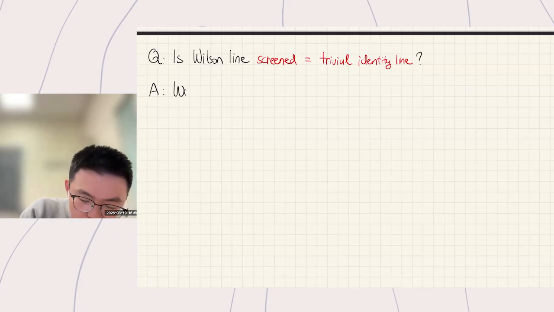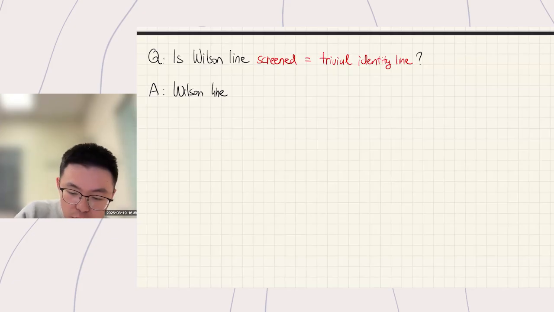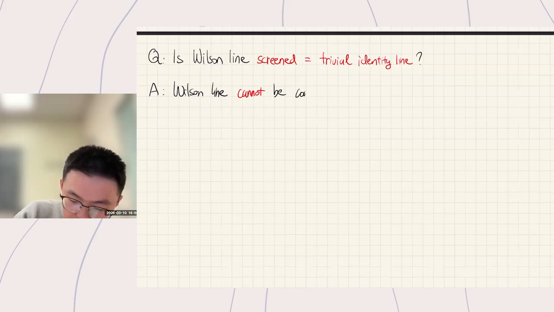But the answer to this question is that a Wilson line, in fact, can never be screened in QCD. Actually, let me say not completely screened. And the argument is actually very simple.